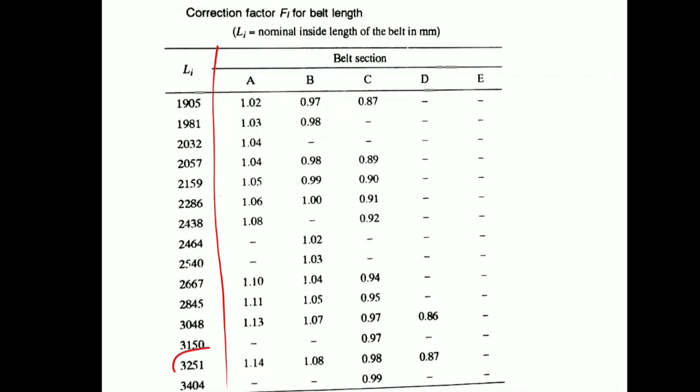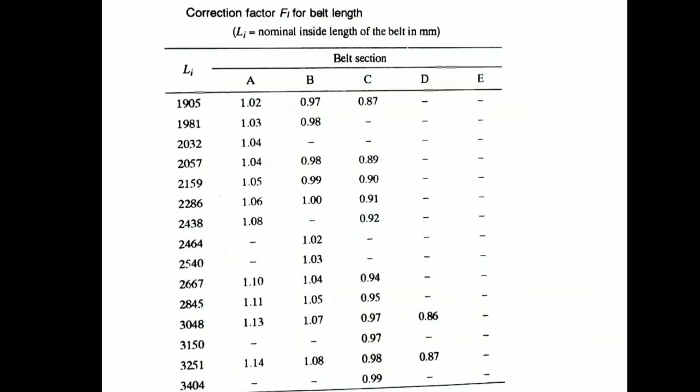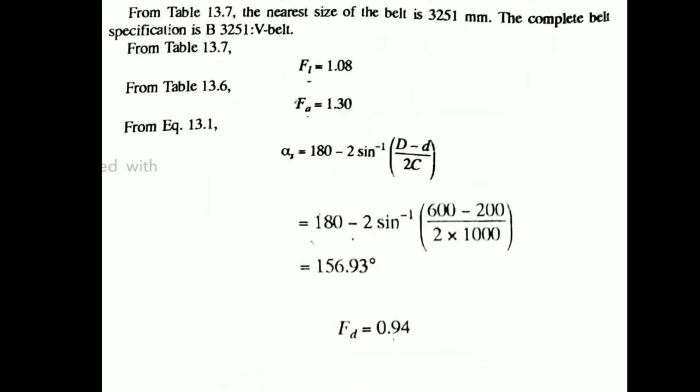This is the nearer value, correct? And our belt section is B. So I'll select FL, the length correction factor, 1.08. So for B section, inside length, I have used FL 1.08, correct?